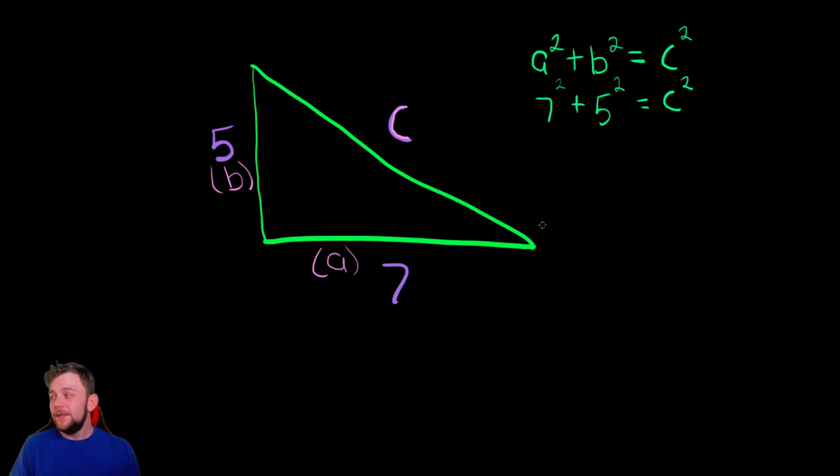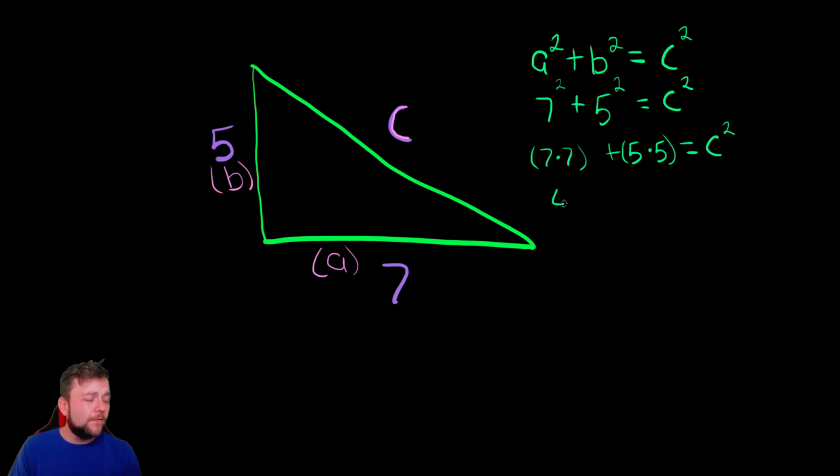Okay? All you need to do, 7 squared, what is 7 times 7? So this is 7 times 7, plus 5 times 5, equals C squared. I'm going to keep that still as C squared. 7 times 7 is 49, plus 5 times 5 is 25, equals C squared.